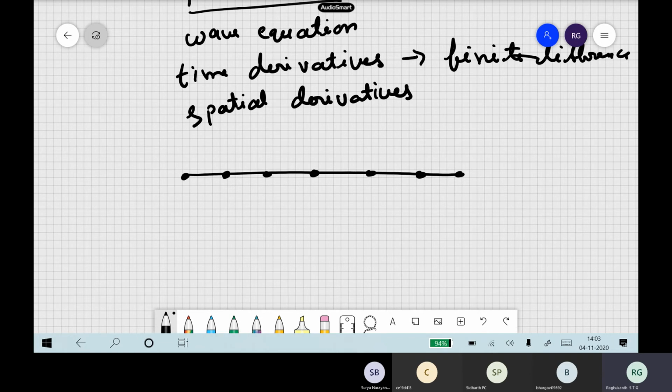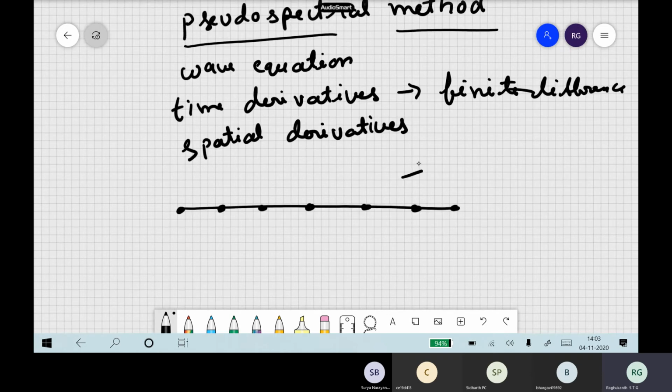In FEM, you divide it into elements and then do all the calculations. But in pseudo-spectral, you fit higher order polynomials. That is the most important thing.